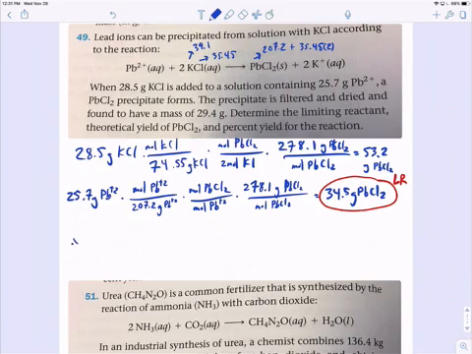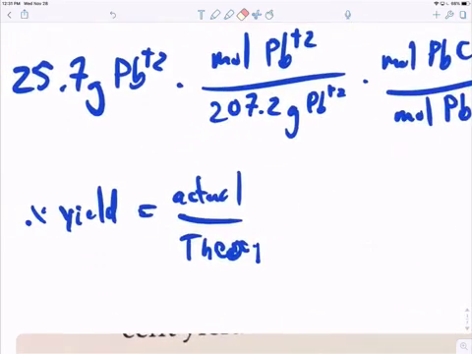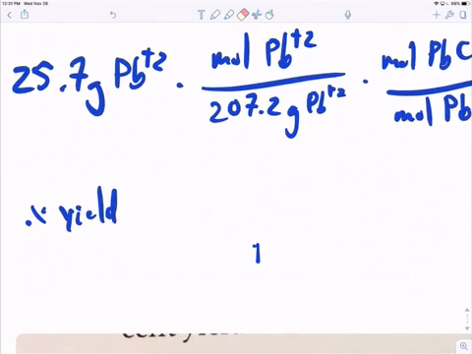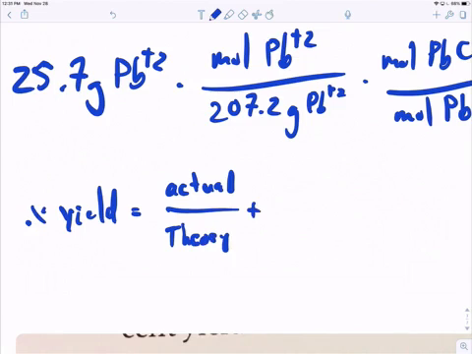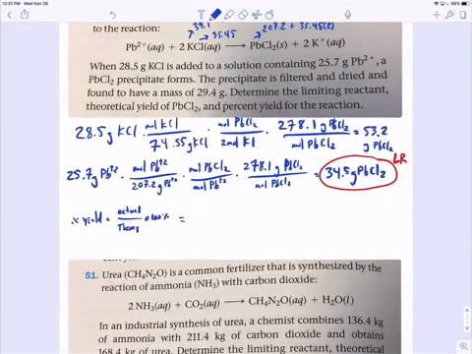So percent yield is actual over theoretical times 100%, which equals actual 29.4 divided by 34.5 times 100.